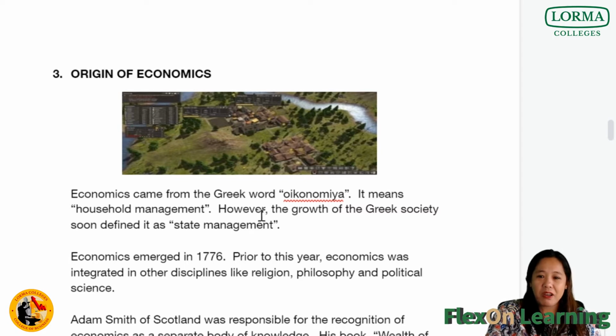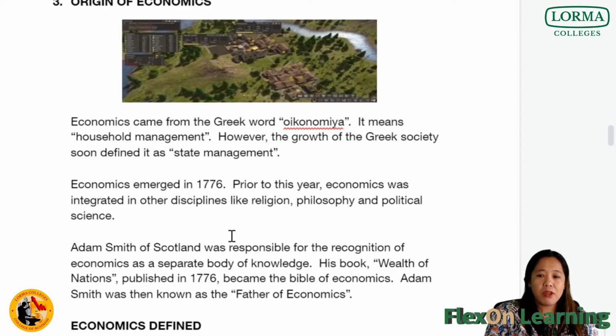However, the growth of the Greek society soon defined it as the management. Okay, but when we say economy, microeconomics, it's actually more of individual or family management. So economics emerged in 1776 with religion, philosophy, and political science.